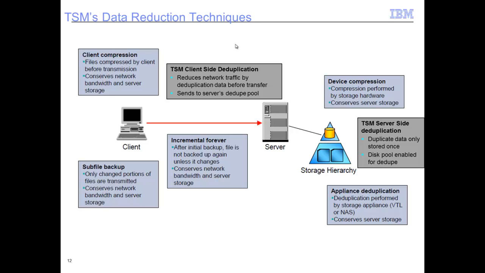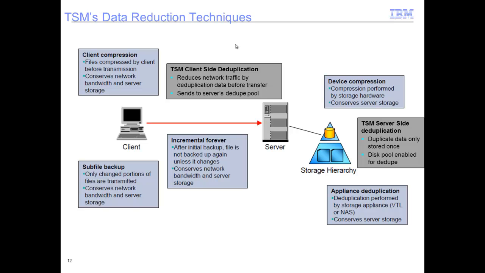We have the ability to either just dedupe on the server side, so as data arrives into a disk storage pool which is set up for dedupe on the TSM server, it is deduplicated along with all the other client data that's being sent across. Or you can also have the data be deduplicated on the client before it is sent to the TSM server. This is called our TSM client-side dedupe.